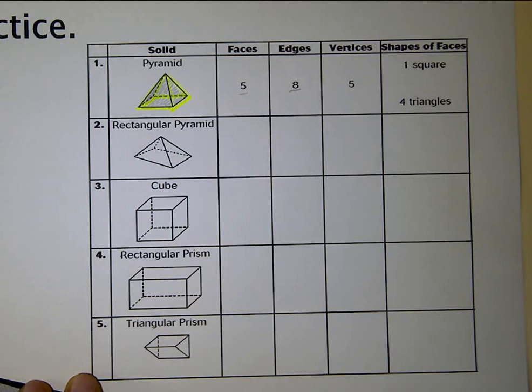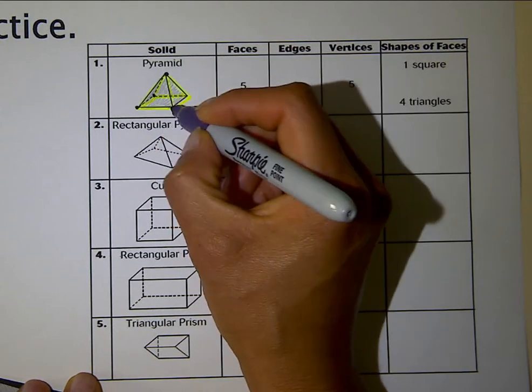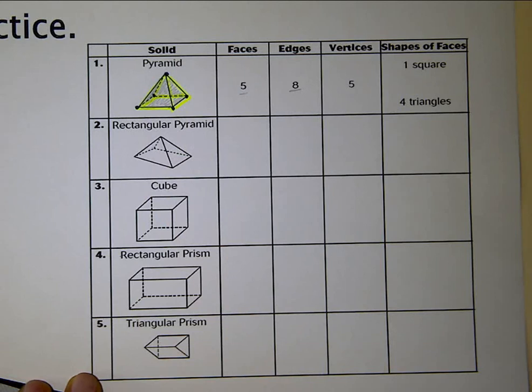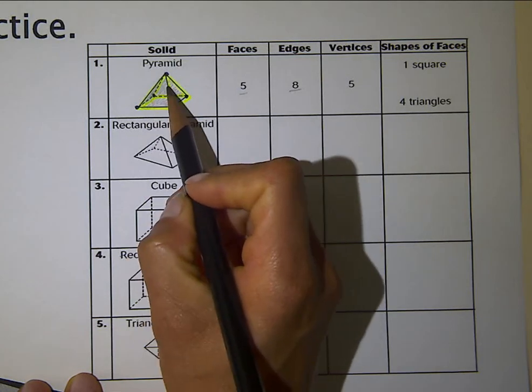Okay, and let's do our vertices. 1, 2, 3, 4, 5. And that's how you get the vertices. So when I look at the pyramid, I can see there's a square in the bottom and 1, 2, 3, 4 triangles.